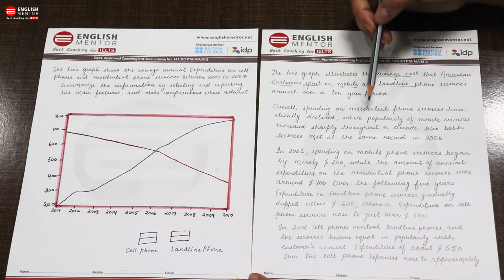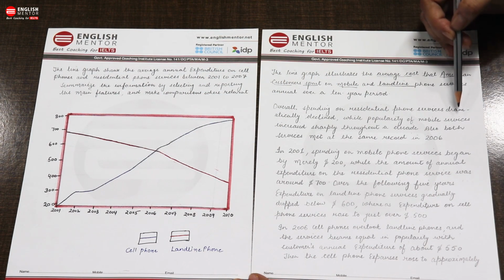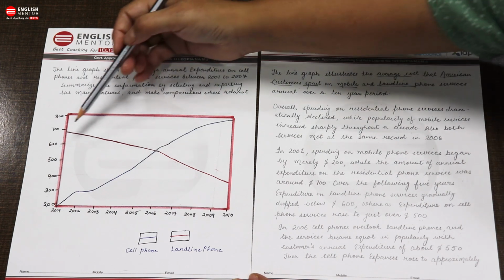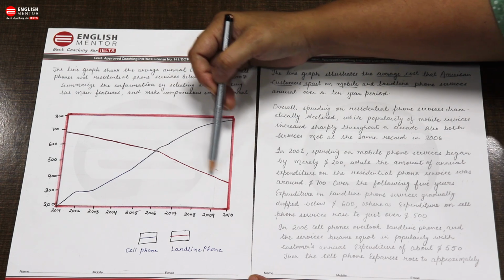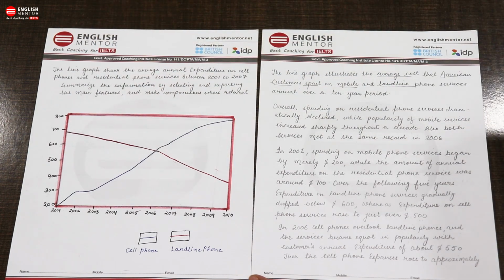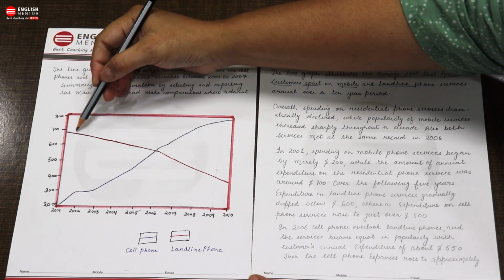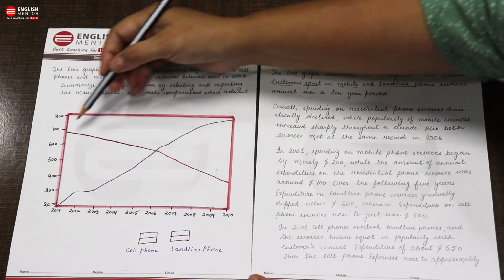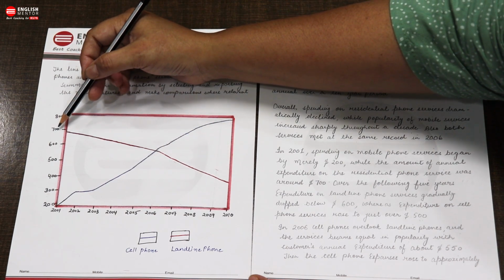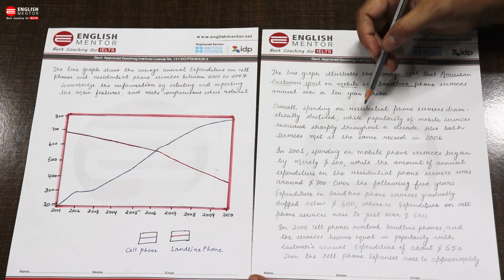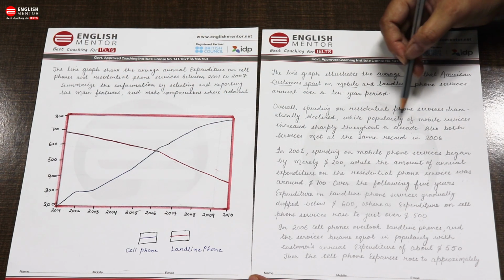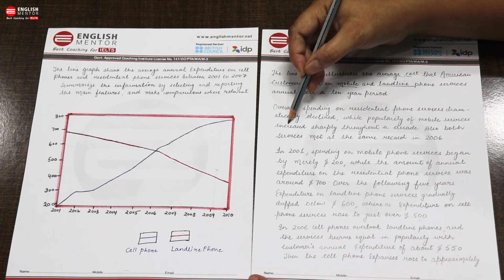Overall spending on residential phone services dramatically declined. If we just see, this red line represents the residential phone services. It started at 700, but gradually decreased. The expenditure on residential phone services declined, while the popularity of mobile services increased sharply.